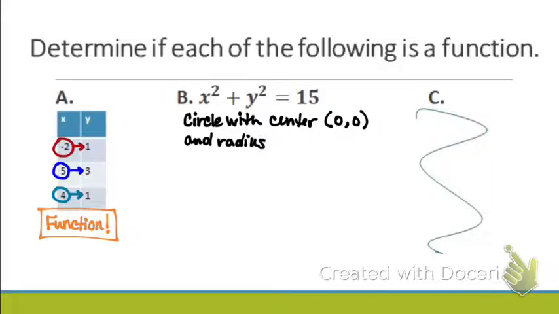Square root of 15. So that's going to be just a tiny bit smaller than a radius of what? 4. Because if that was a 16 at the end, our radius would be 4, right? 15 is just a little bit smaller than that, so it's not going to come out to be a perfect whole integer, but I know it's going to be a little bit less than 4.